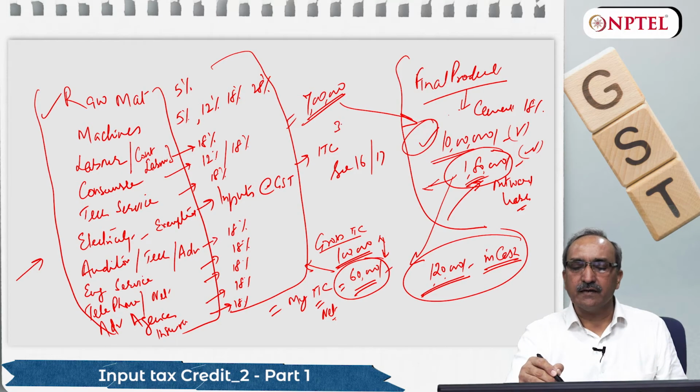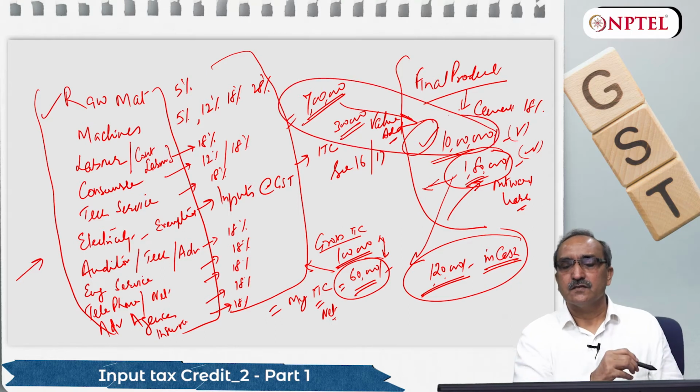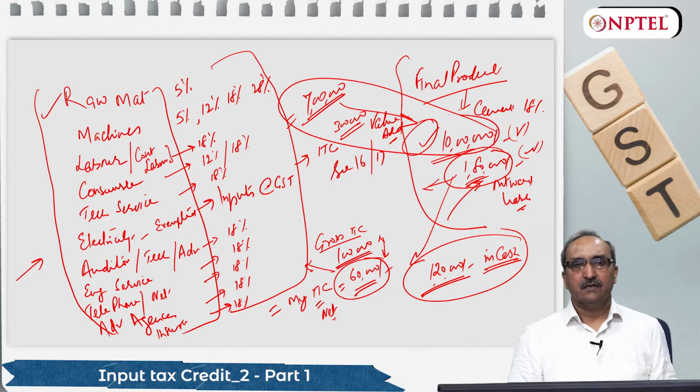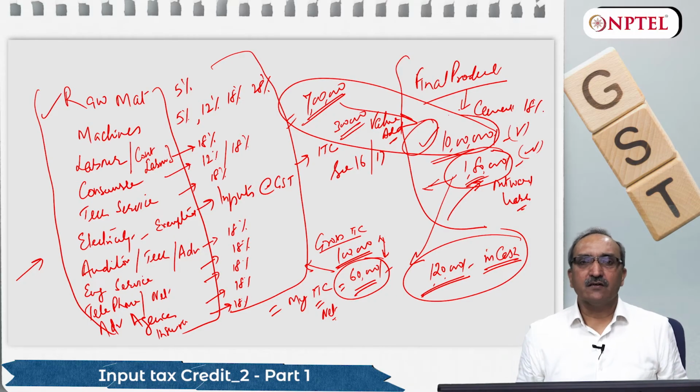So 3 lakhs is my value addition. This way GST plays its role of giving ITC benefit to you and asking you to pay your taxes on your final product.